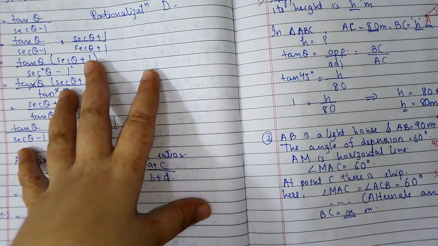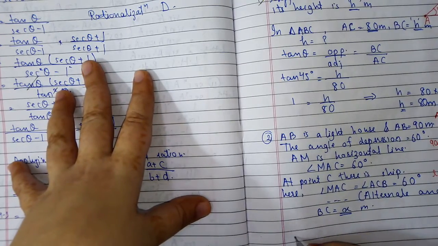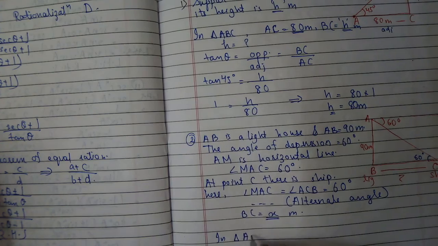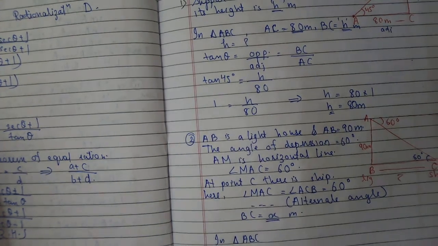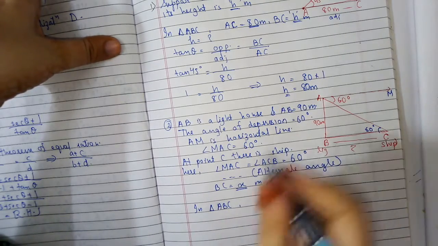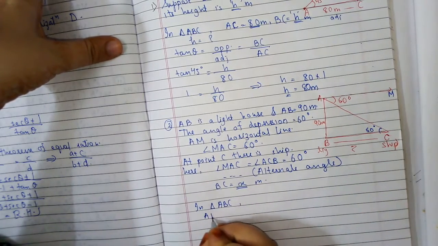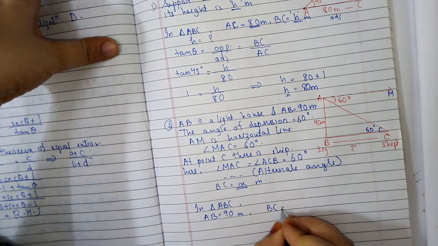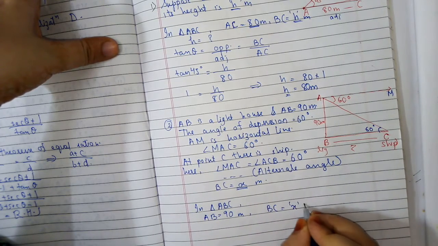Alright. So in triangle ABC, now student, in triangle ABC we will write all the dimensions. So in triangle ABC, AB is given as 90 meter, and BC we have assumed as x meter.